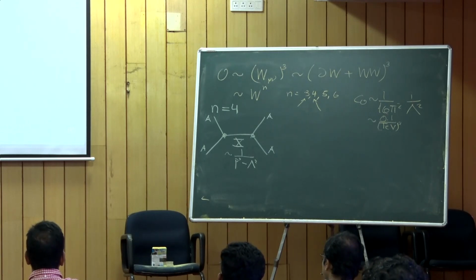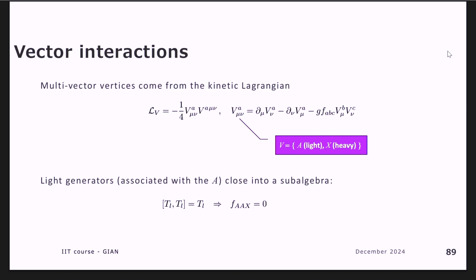And what do I have? Well, this is my Lagrangian, and so it has to come from a product of a term like this with a term like this. That is the only vertex in the Lagrangian that has 3 gauge bosons, and therefore it is proportional to the structure constant involving 2 light fields and a heavy guy, which is 0.